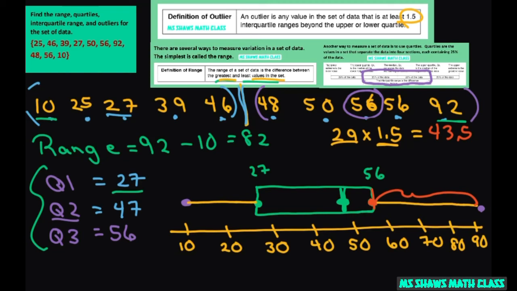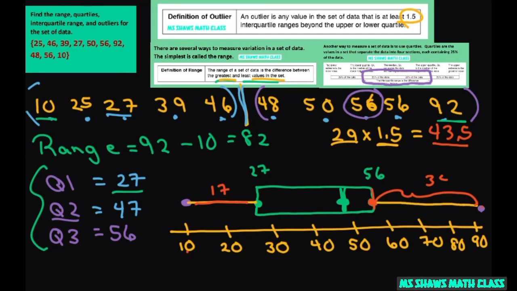So you take 27 minus 10, and that gives us 17. This difference here is 17, which is not greater than 43.5. That means 10 is not an outlier. Now let's look at this one, which looks a little further away. 90 minus 56 is 34.